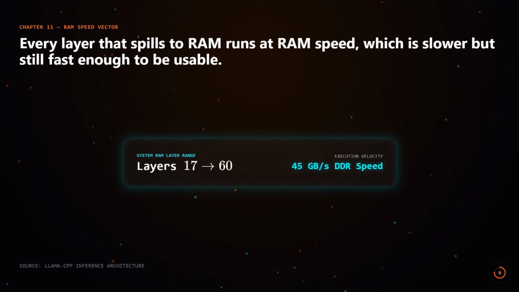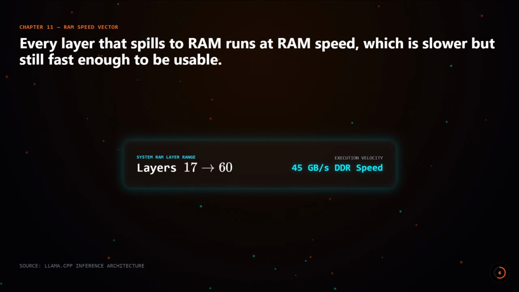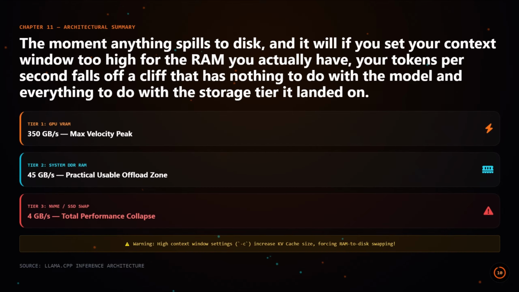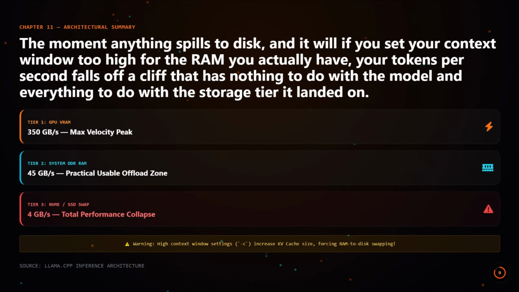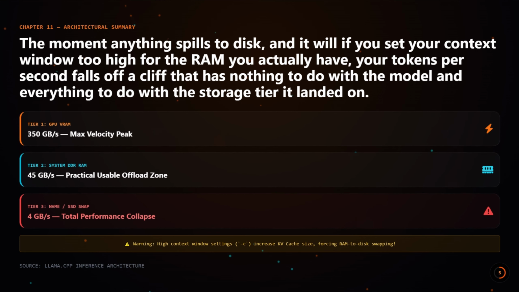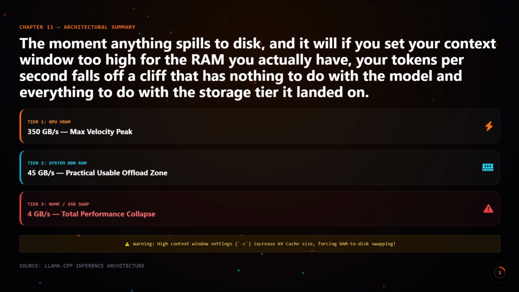Every layer that spills to RAM runs at RAM speed, which is slower but still fast enough to be usable. The moment anything spills to disk, and it will if you set your context window too high for the RAM you actually have, your tokens per second falls off a cliff that has nothing to do with the model and everything to do with the storage tier it landed on.